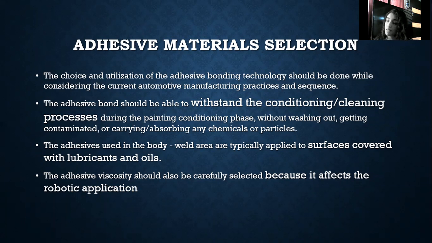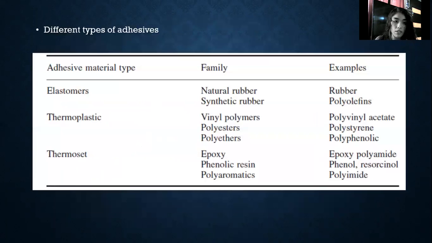If an adhesive material is badly selected, it can affect a robot, or, for example, if you are painting a piece and there is adhesive material, that specific area won't paint because it has adhesive material. The different types of adhesives shown here are elastomers, thermoplastics, and thermosets.